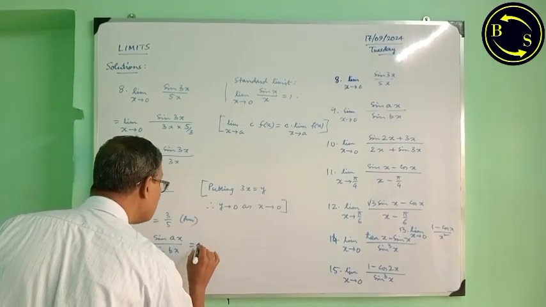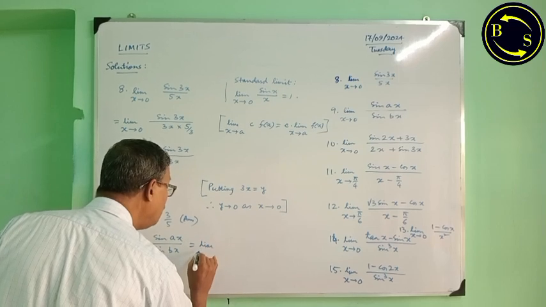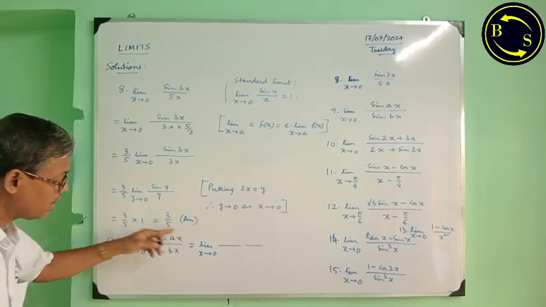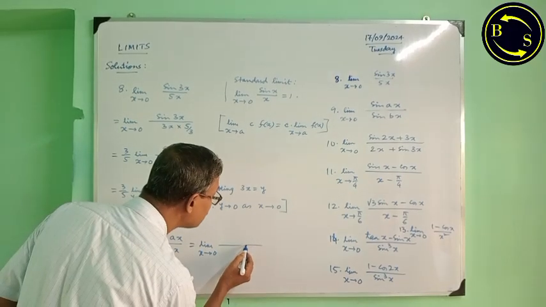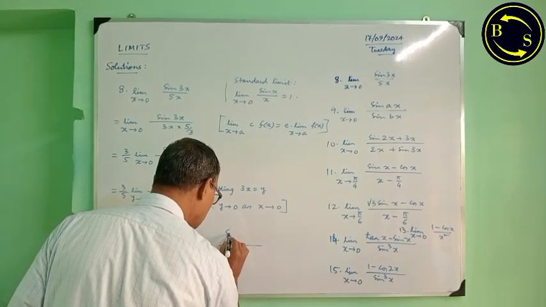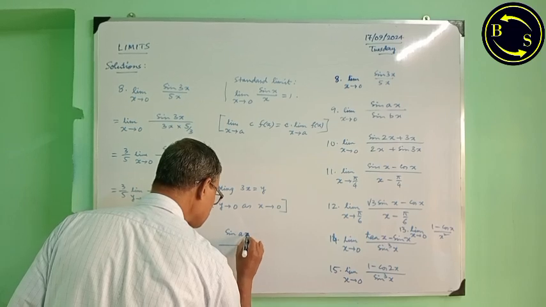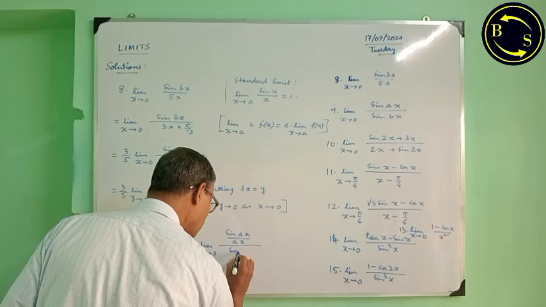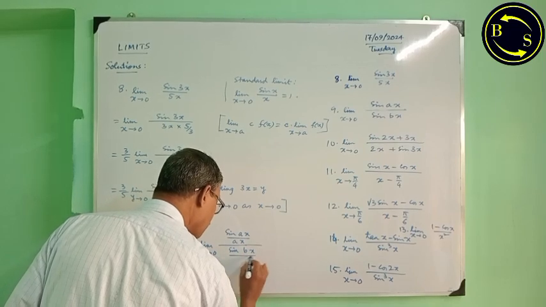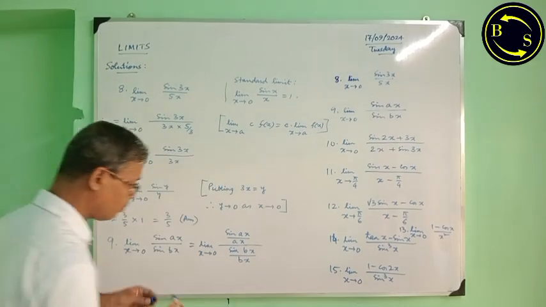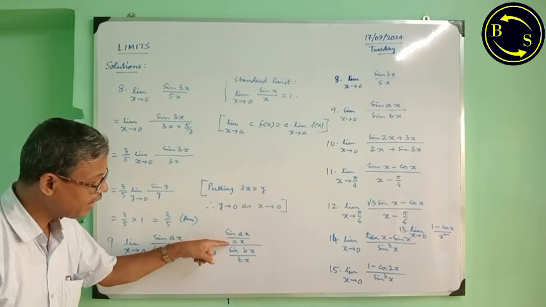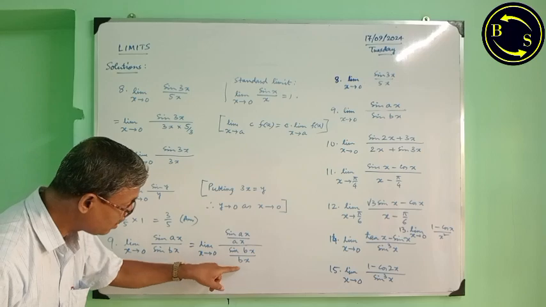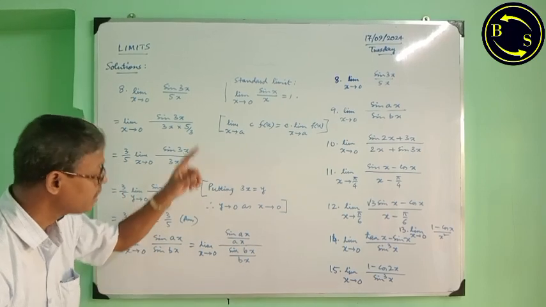For that we write the given expression sine ax by sine bx. I divide the numerator by ax to get that standard limit and denominator by bx to get that standard limit.